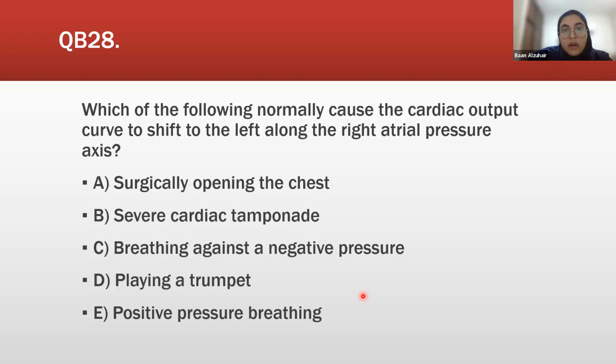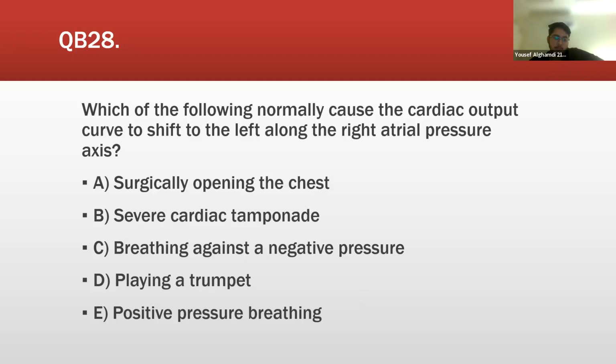So which of the following will cause cardiac output to shift to the left? So cardiac output increase. Well, what can increase the cardiac output? B. Yes. Actually, no, think again about that. Good thinking, but try again.